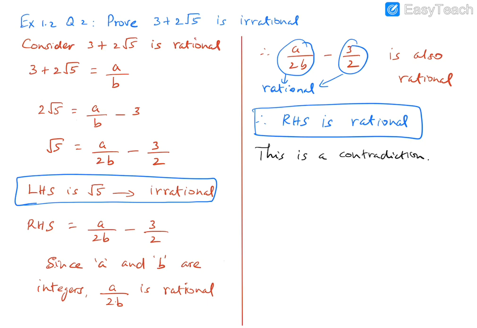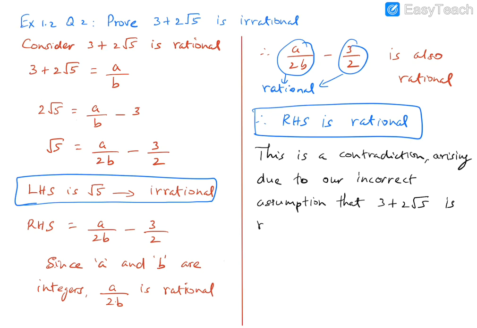And why is this contradiction happening? This contradiction arises due to our incorrect assumption that 3 plus 2 root 5 is rational.